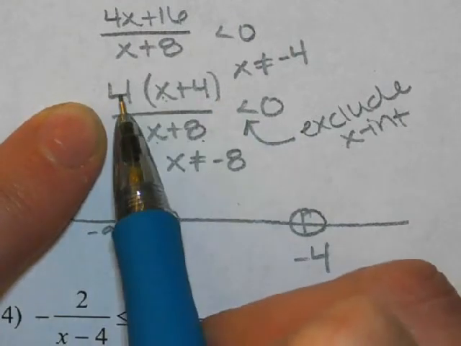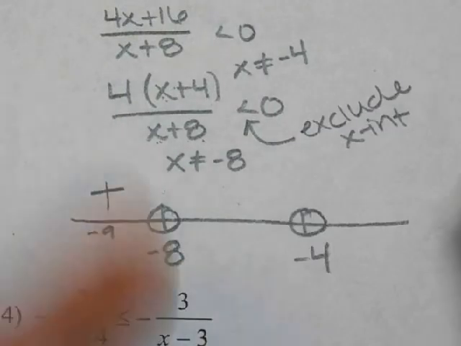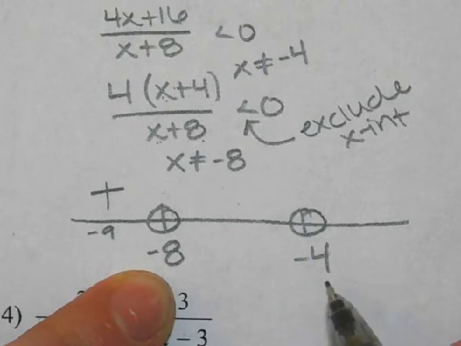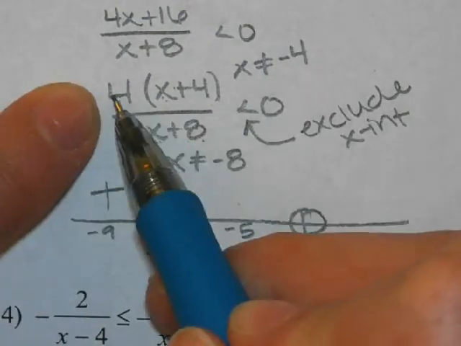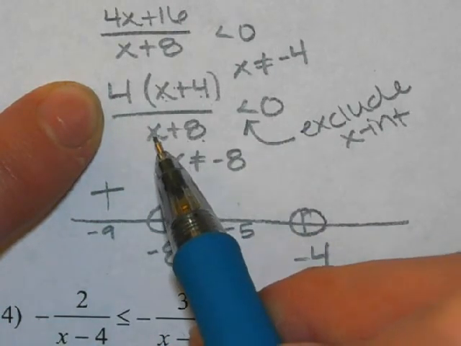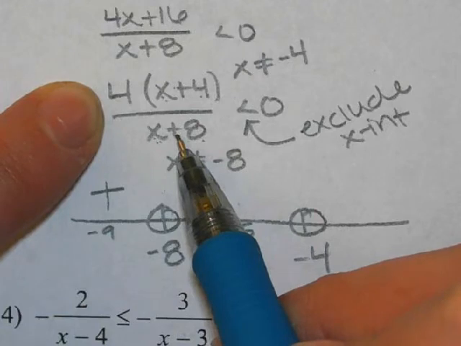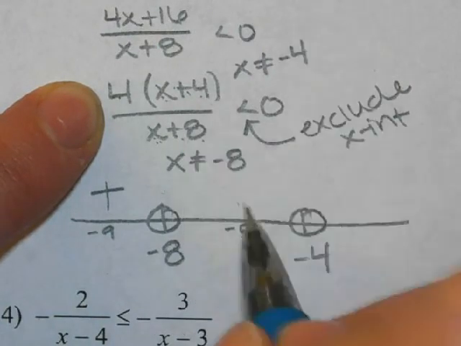So we have a positive, negative, negative, which is positive. Between negative 8 and negative 4, negative 5, we have a positive, negative 5 plus 4, and negative 5 plus 8. So positive, negative, positive. That would be a negative.